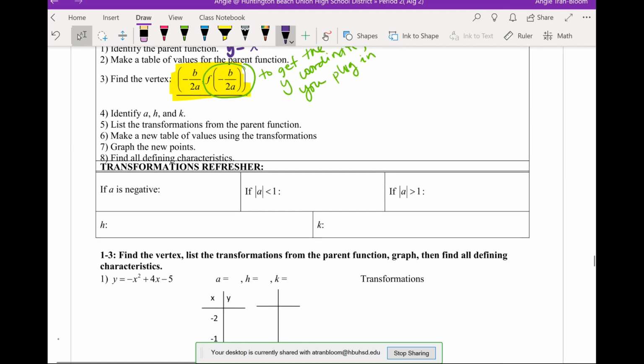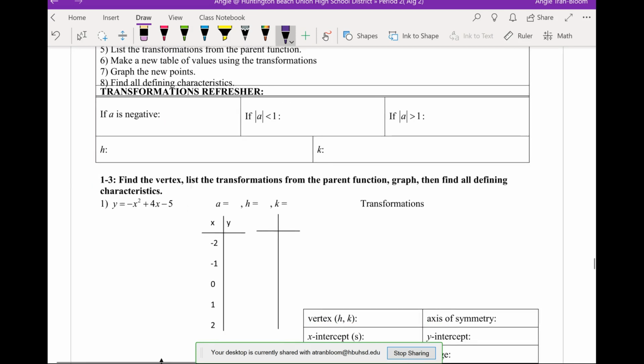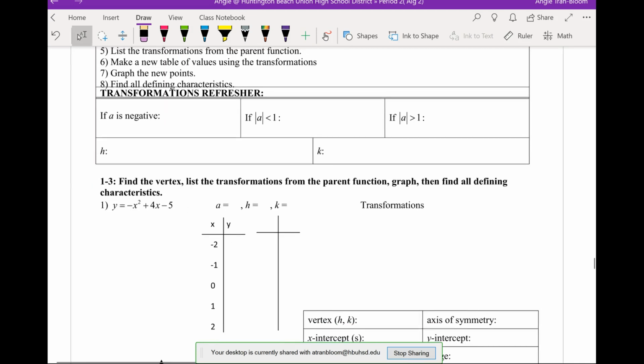Y equals ax squared plus bx plus c is standard form. If a is negative, let's refresh our transformations really quickly. If a is negative, what kind of transformation is that? Reflect, you're right.